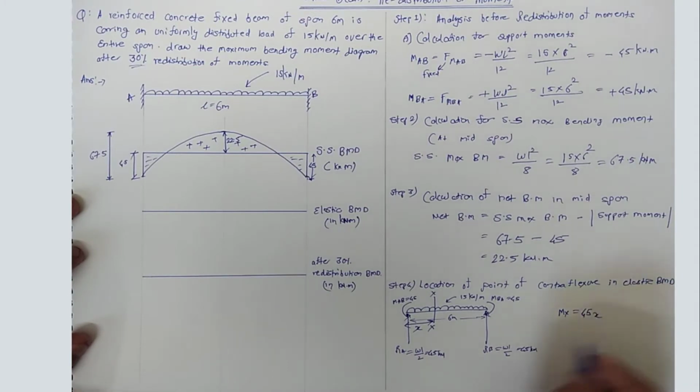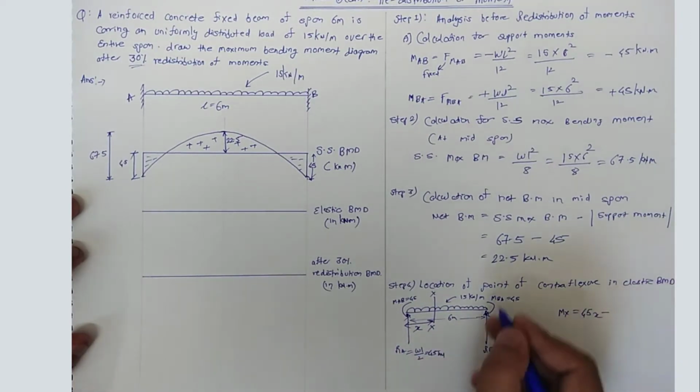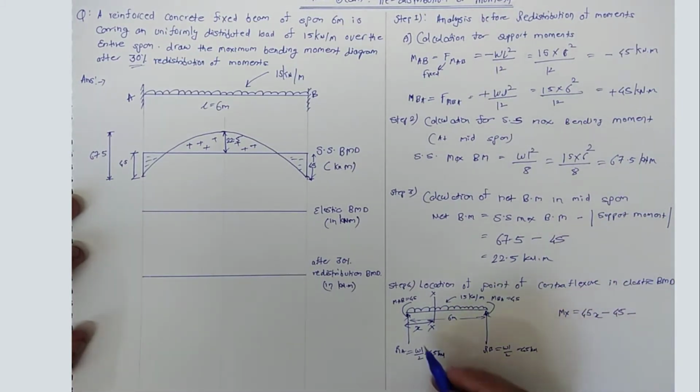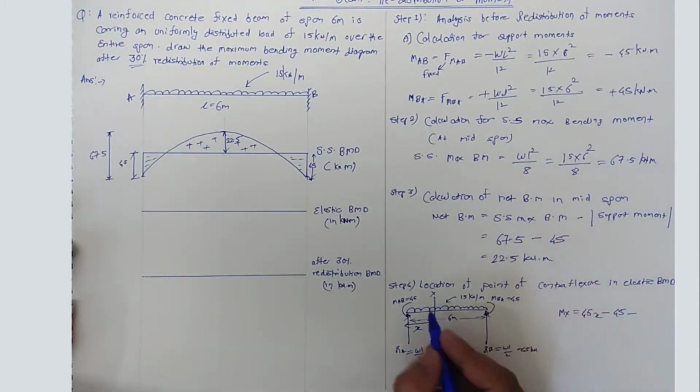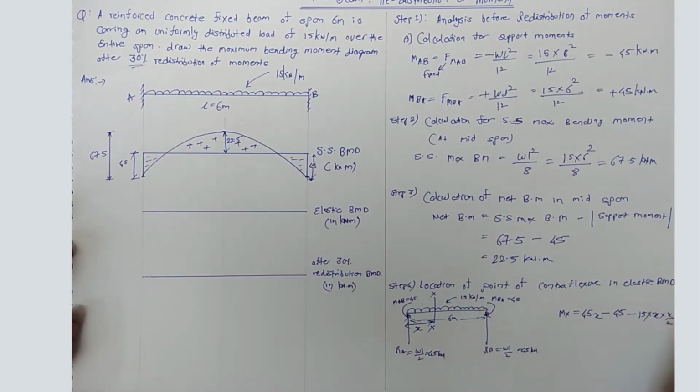So 45x, this is going in the plus direction. So 45 into x, minus 45, and minus the UDL up to this section: 15 into x, and it acts at the center, so x by 2.